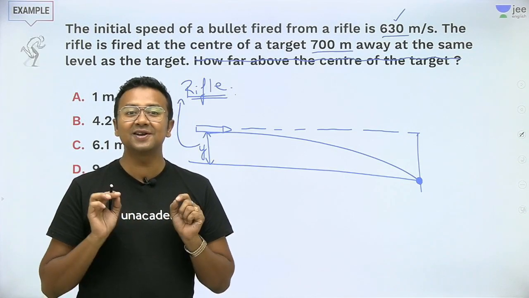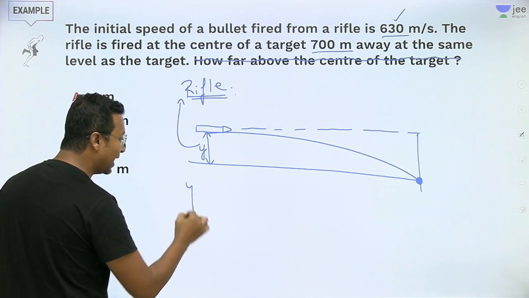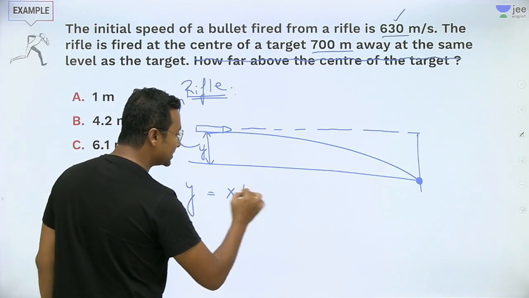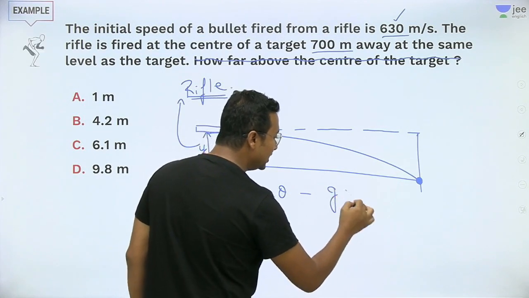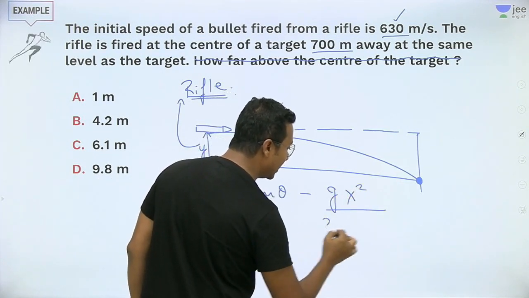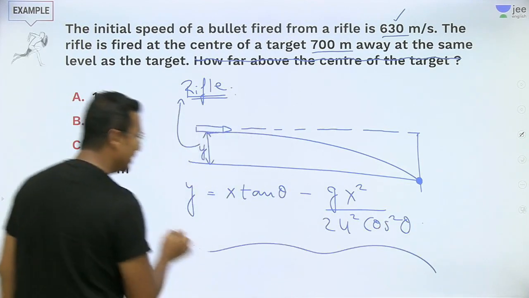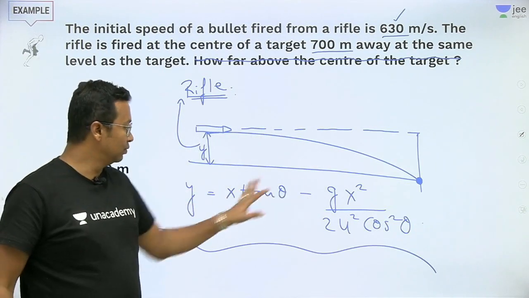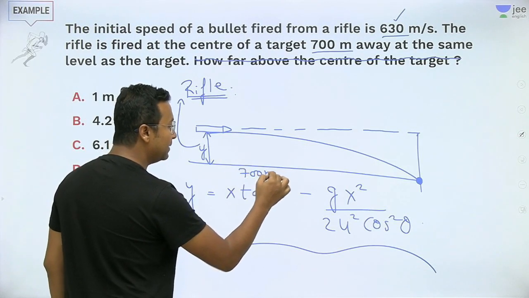We use the equation of the trajectory. Now what is the equation of the trajectory? We have y equals x tan theta minus g x square divided by 2 u square cos square theta. If you insert the values, x is how much? What is the distance? It is 700 meters.